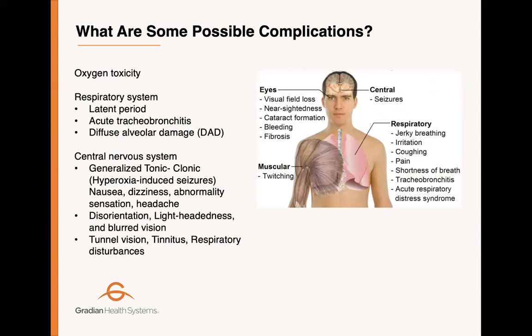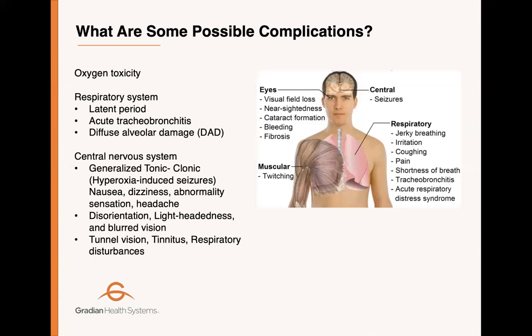This can be experienced from neonates up to adults, but different presentations can occur depending on the age of the patient, and also on the exposure period of that high amount of oxygen.